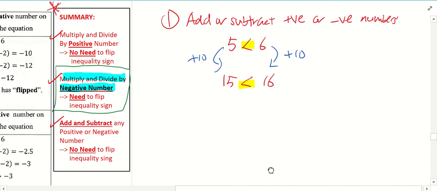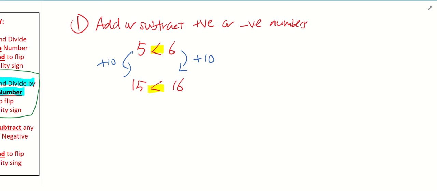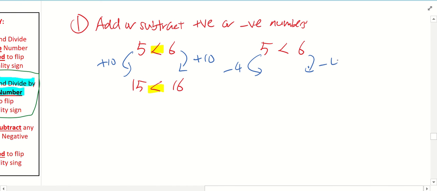Let's go ahead and add a negative number instead. We have 5 smaller than 6. What happens if I add negative 4, which is the same as minus 4? Adding a negative number is the same as subtracting that number. So I add negative 4 to both sides.